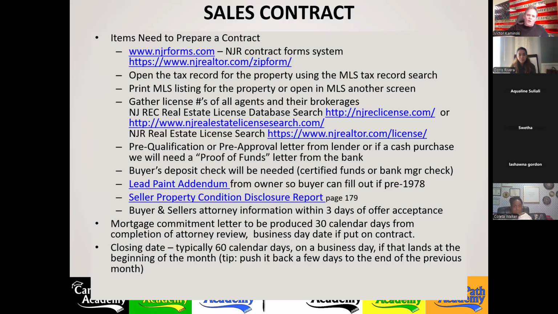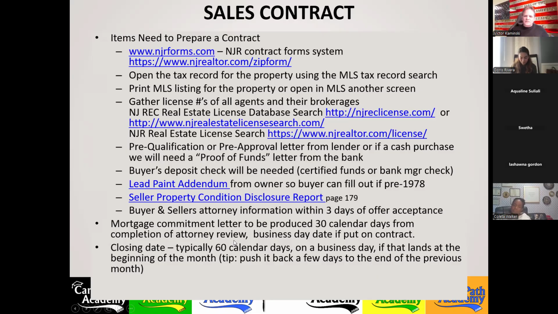Everybody needs to be on the ball with everything. Otherwise, people could start missing these dates in contracts, and it's just a pain. So just put in there 60 calendar days. You could close comfortably in 60 days without anybody being in a rush, and you have plenty of time to follow up with people, make sure they did everything they're supposed to, right?